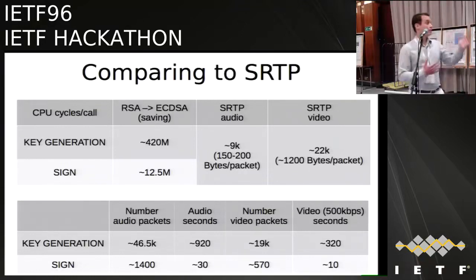Interpreting this table, we can say that with the cycles saved in the DTLS handshake, we could encrypt 900 seconds of audio or 300 seconds of video. That is quite important. Okay.